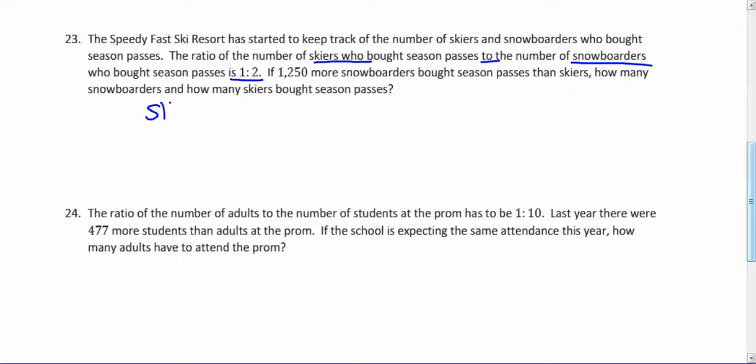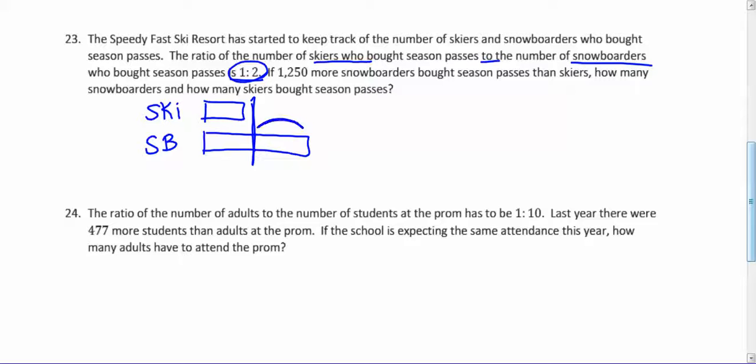So we've got skiers and we've got snowboarders, right? And we know skiers was 1, snowboarders were 2. Again, got that information right here. 1,250 more snowboarders bought season passes than skiers. This amount's the same. I probably should have made that one box a little bit bigger, but either way, the amount to the left is the same, right?